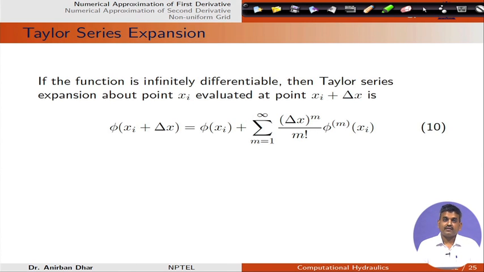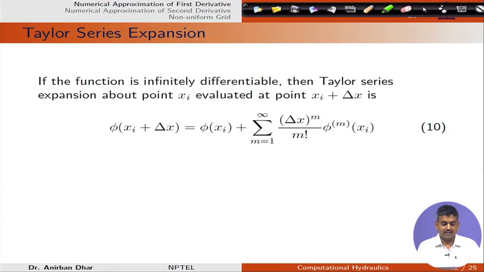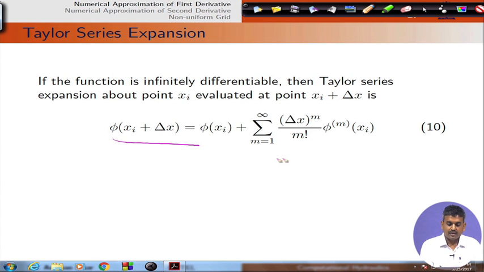So, if we consider Taylor series expansion, and this is for an infinitely differentiable function, then Taylor series expansion about point xi evaluated at point xi plus delta x is represented in this form, where m equals 1 to infinity, representing the higher order terms, and around xi we are expanding this.